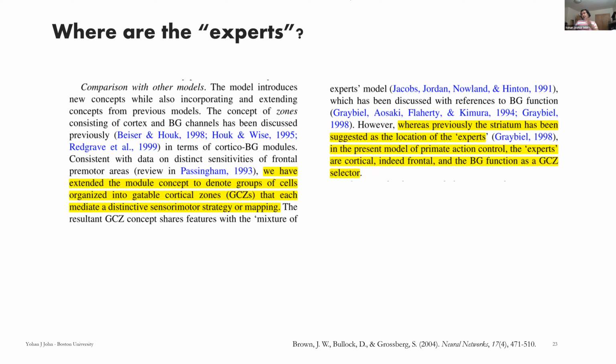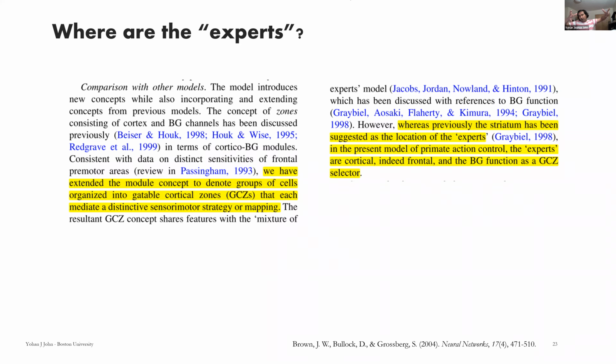So this relates to this broad topic about, when they eventually compare it to other models and talk about these zones: consistent with data on distinctive sensitivities of frontal premotor areas, we have extended the module concept to denote groups of cells organized in gateable cortical zones, each mediating a distinctive sensory motor strategy.